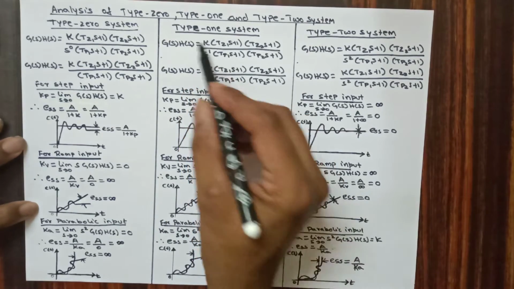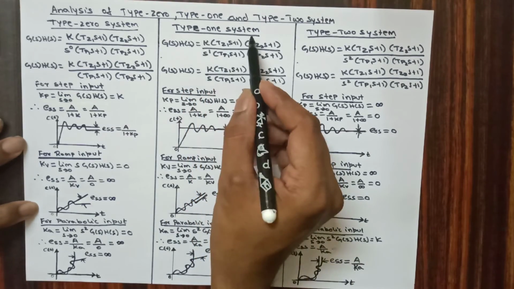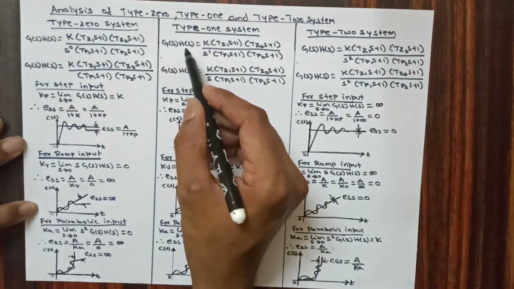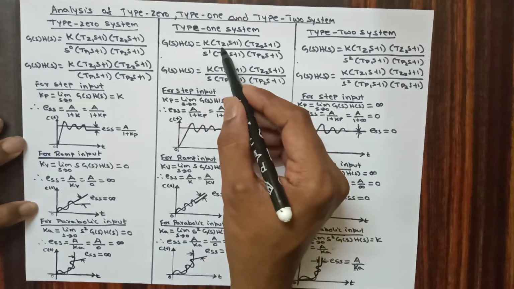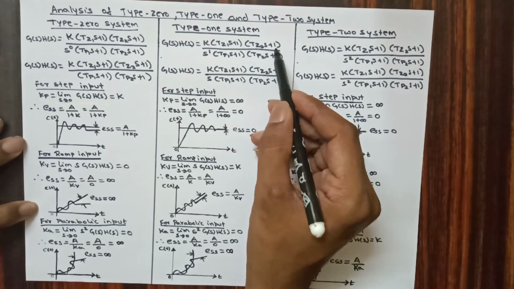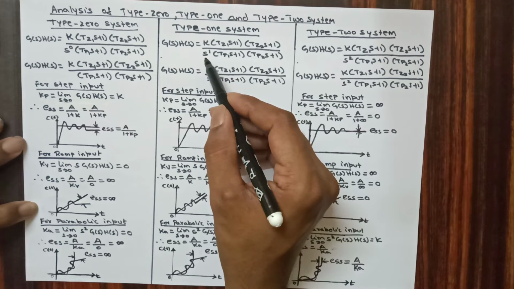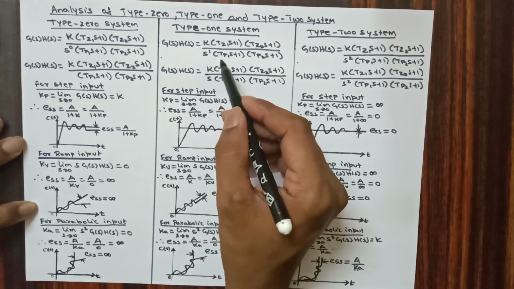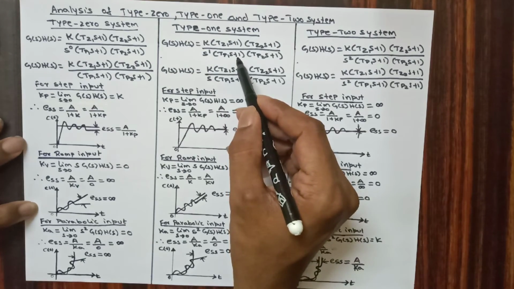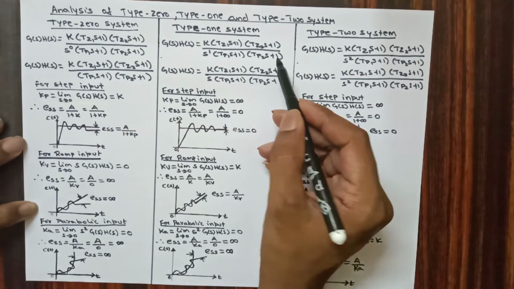Let us see the second example, a type 1 system, where G(s) into H(s) is equal to K into (Tz1 s plus 1) into (Tz2 s plus 1) divided by, for a type 1 system, s to the power n where n is 1, into the other pole terms (Tp1 s plus 1) (Tp2 s plus 1).